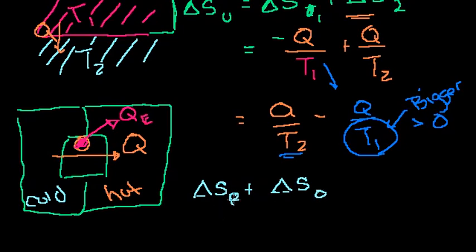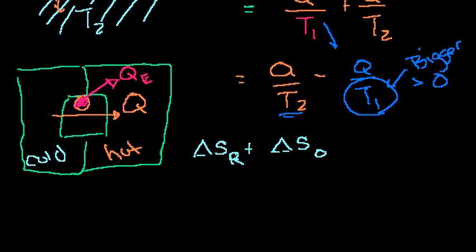Maybe I'll call this one for the room, right? So you might say, okay, this change in entropy for the room, it's giving away heat. Let's say the room is roughly at a constant temperature for that 1 millisecond we're looking at it. It's giving away some Q at some temperature T1, so that's a minus. And then the outside is gaining some heat at some temperature T2.